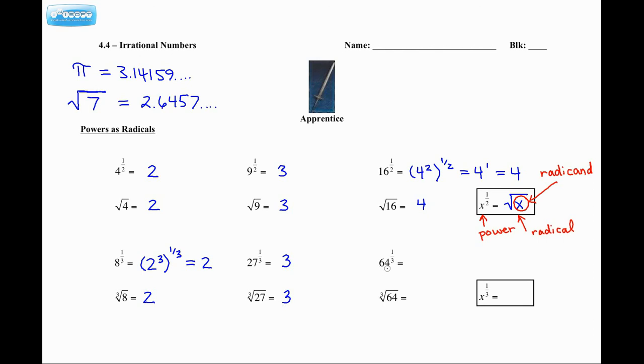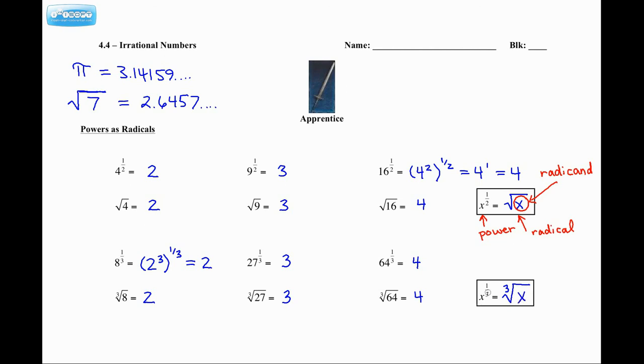What is 64 to the power of 1/3? Well, that's equivalent to saying, what's the cube root of 64? That's 4, because 4 times 4 is 16, times 4 one more time, 64. So just generalizing, if I have some number x to the power of 1/3, that's exactly the same as saying the cube root of x.